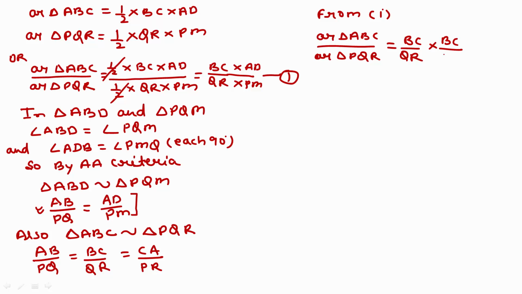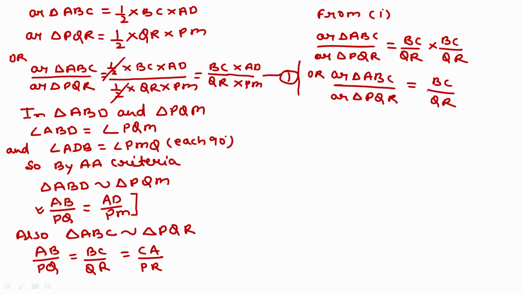So area of triangle ABC upon area of triangle PQR is equal to BC upon QR whole square.